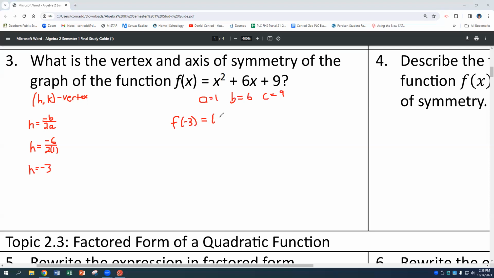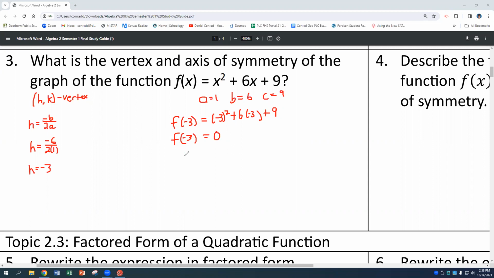That's going to be equal to negative 3 squared plus 6 times negative 3, and then plus 9. You can put this all in your calculator at once if you would like. That's 9 minus 18 plus 9, which gives us 0.